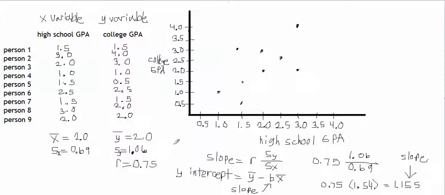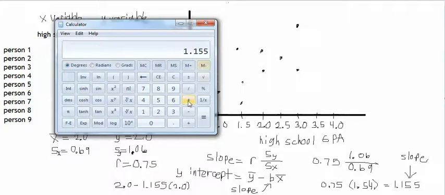Let's find out what this equals. The mean of the y values is 2 minus the slope, which was 1.155, times the mean of the x values, which was 2 right here. The first step is to multiply 1.155 times 2, which equals 2.31.